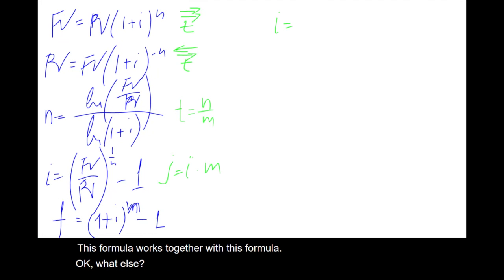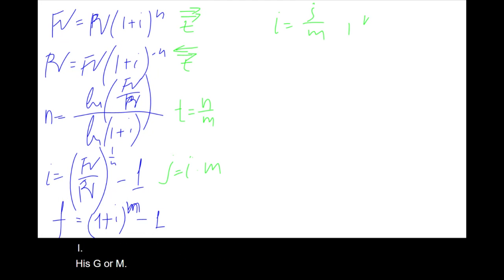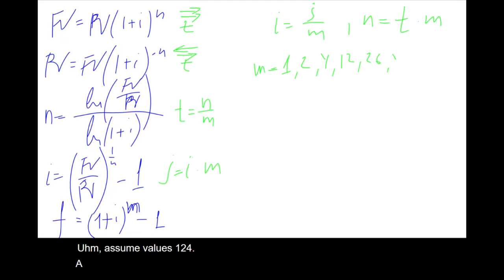i is j over m, n is t times m, m assumes values 1, 2, 4, 12, 26, 52, 365. Okay, guys, those are our tools, our weapons.